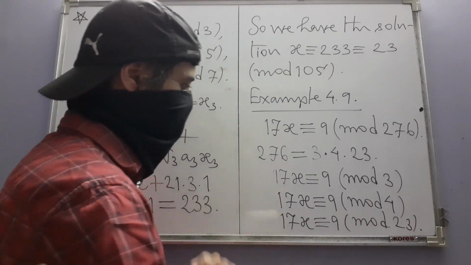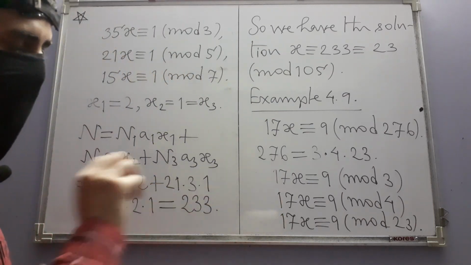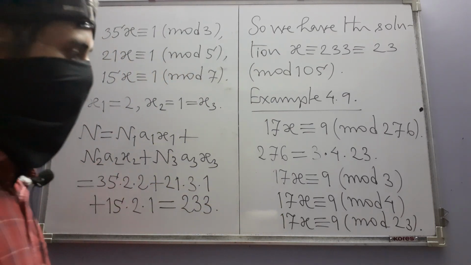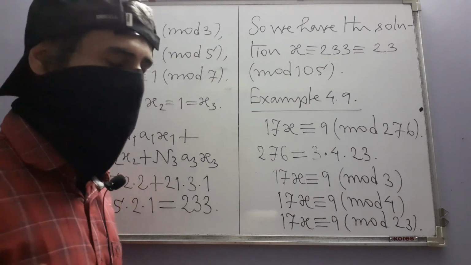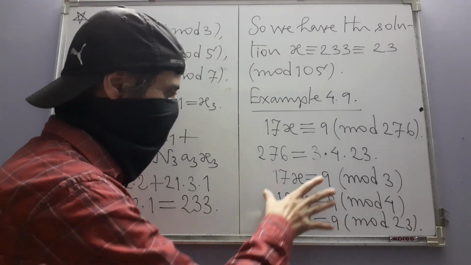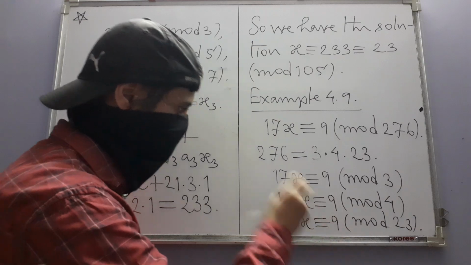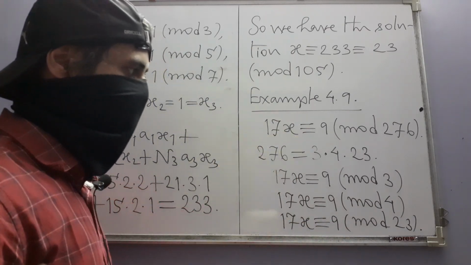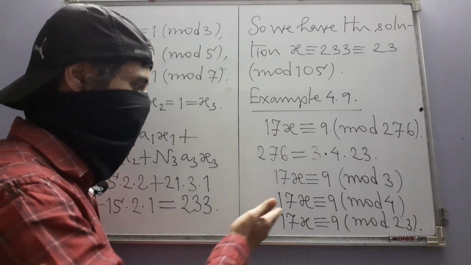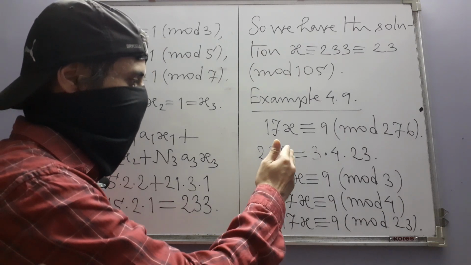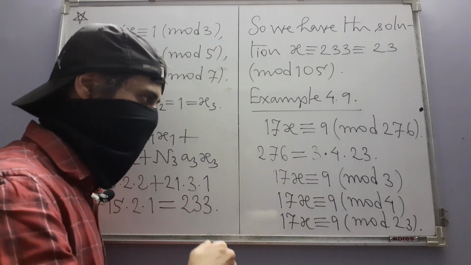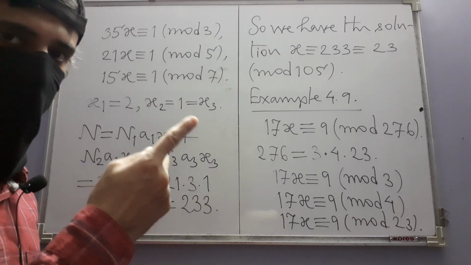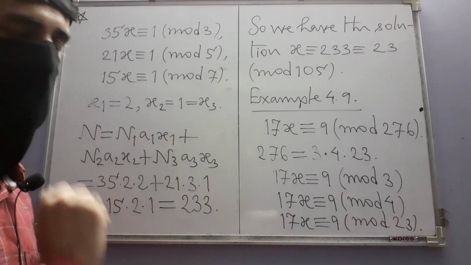Similarly, the other congruences will also be satisfied by that x. Can we go back? I mean, if we find a solution to these congruences, will that also solve this congruence? Yes. Why? Because if you find such an x, then 17x minus 9 will be divisible simultaneously by 3, 4 and 23.